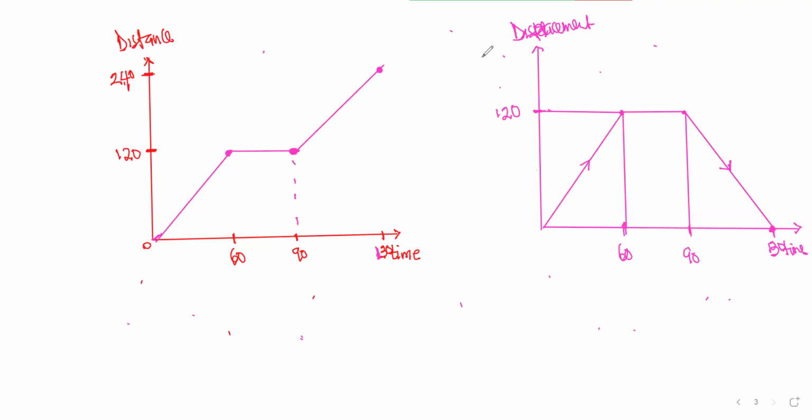Sir, please, can you repeat it again? A body starts with an initial velocity of 26 meters per second and moves with a constant acceleration of 7 meters per second squared for 25 seconds.